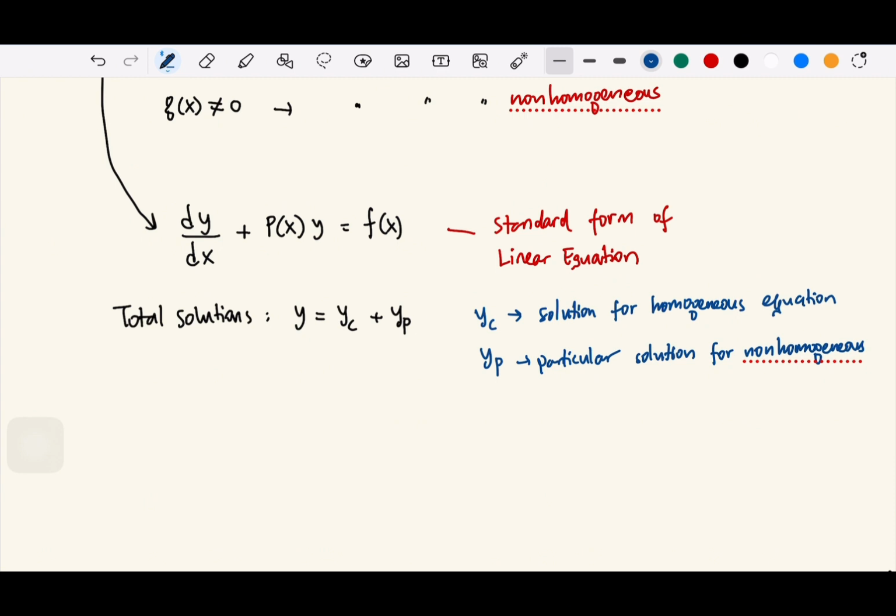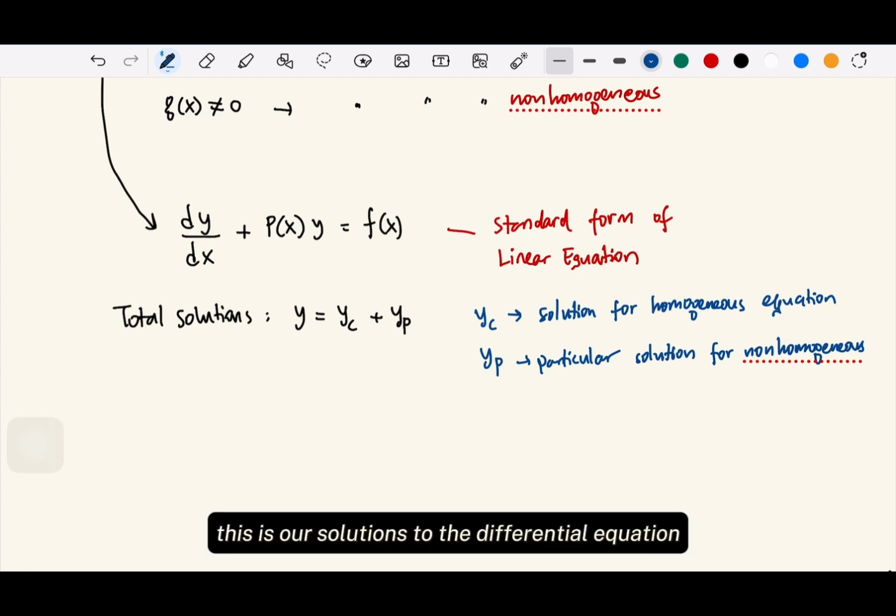Okay, suppose this is our solution to the differential equation.